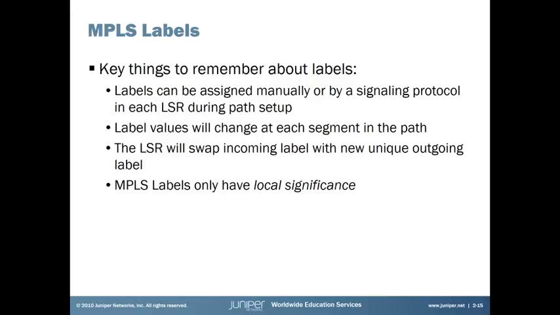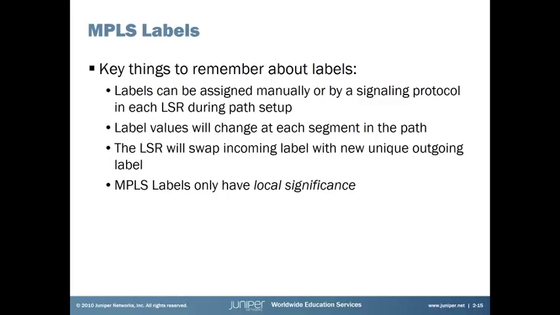What that router actually does is a thing called a swap operation, where it takes that old label out, puts a new label in, and then forwards it on to the next router, and the next router will be able to make a forwarding decision based on the new label. We'll get into this in a bit of detail. So this is the swap. The label switch router is going to do a swap operation, incoming label swapped with a different outgoing label.